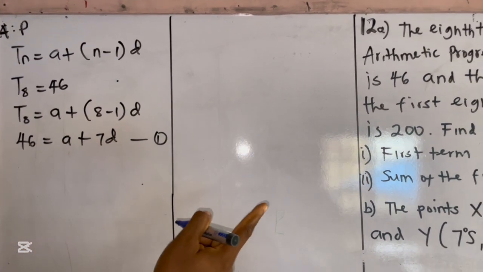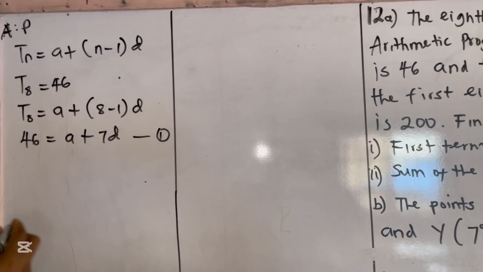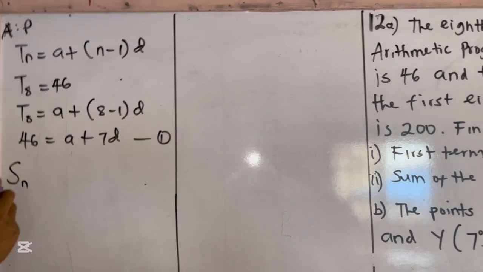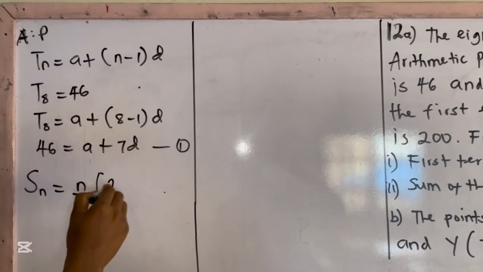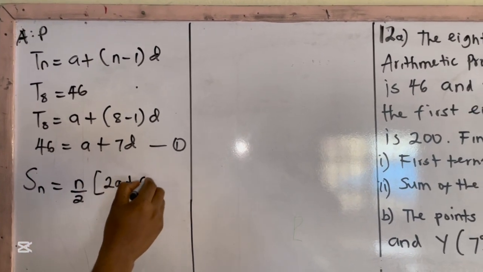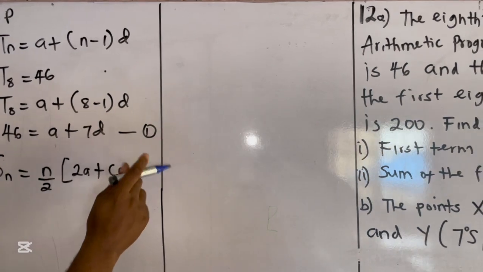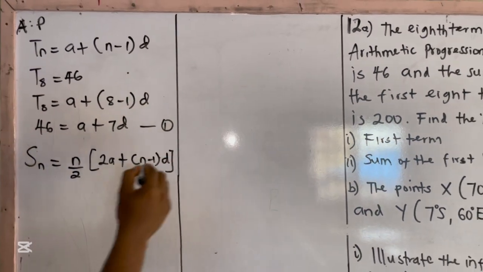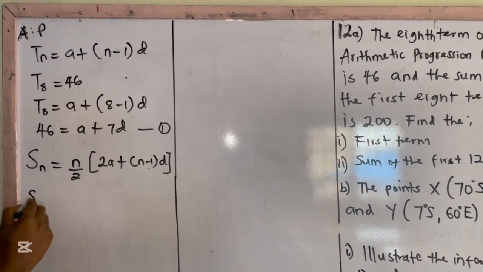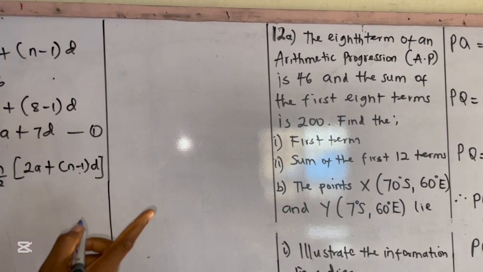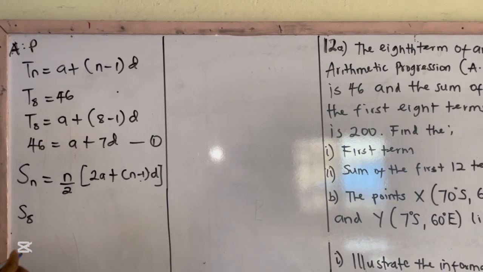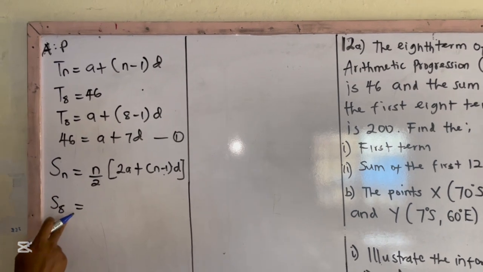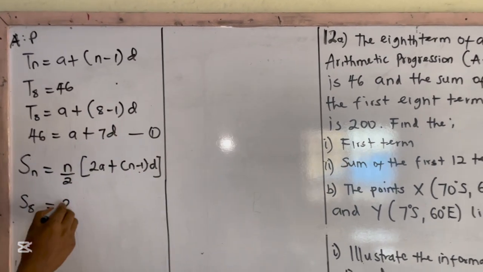Now, the sum of the terms is n over 2 in bracket 2a plus n minus 1 d. We have been told the sum of the first 8 terms is 200.